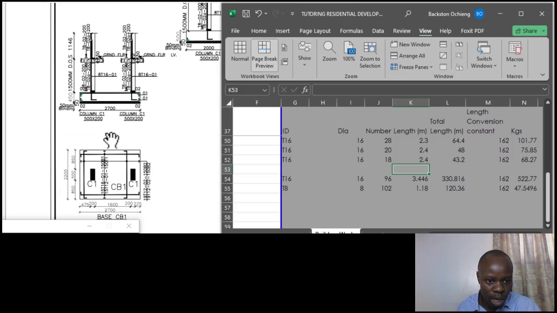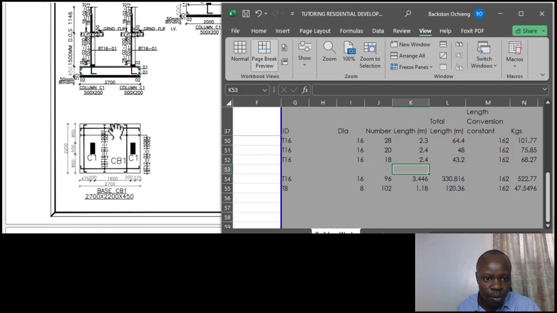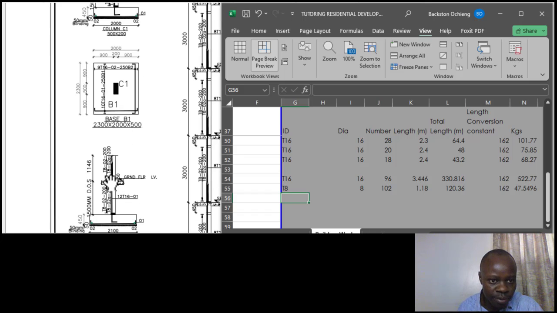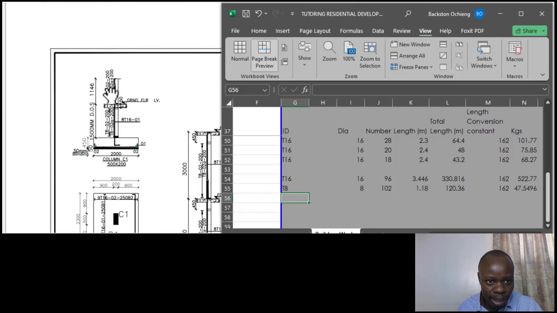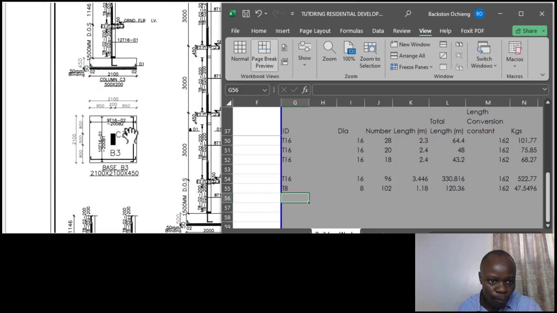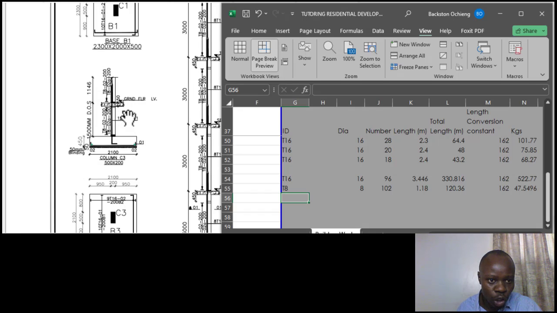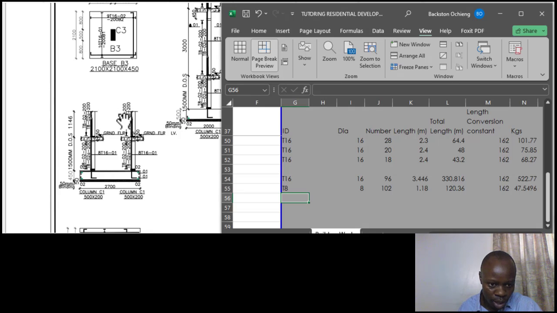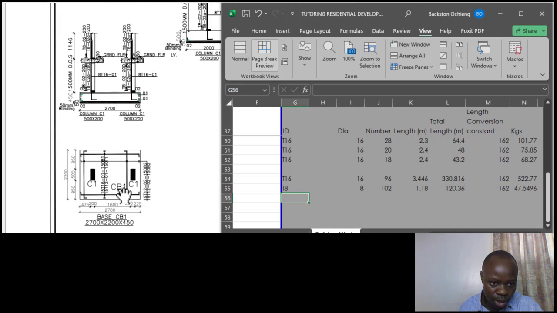Column C2, as usual, the first step that you have to take note of is to identify the main bar. So let's first identify where that is. This is C1, this is C3, I'm looking for C2. Alright, so let's see where C2 is.